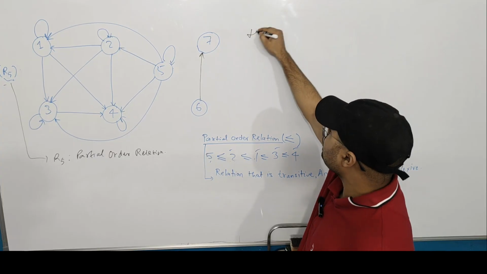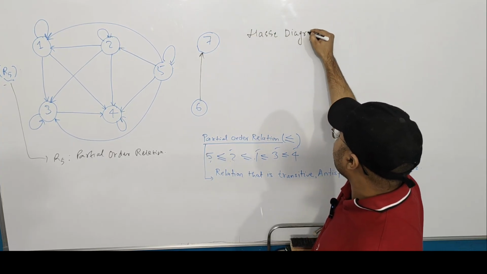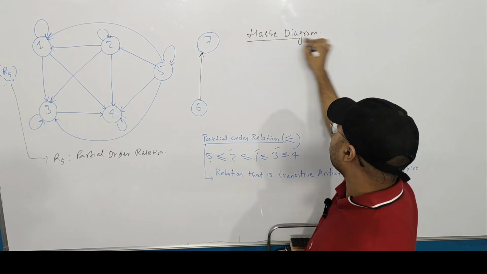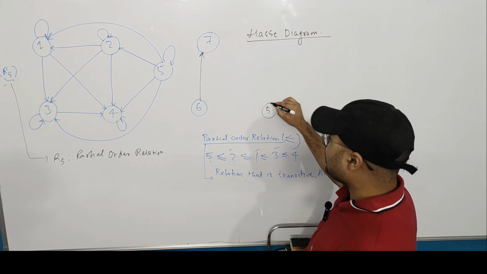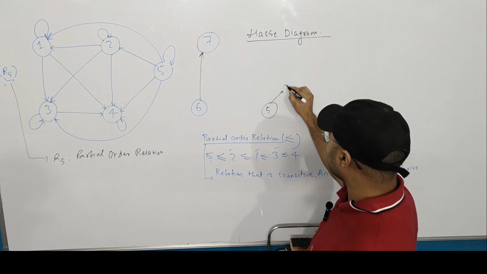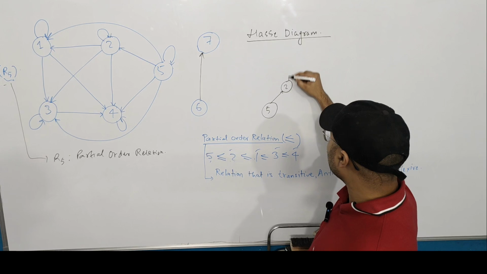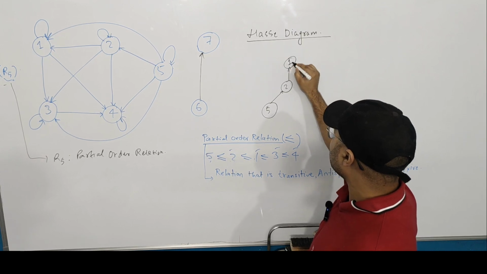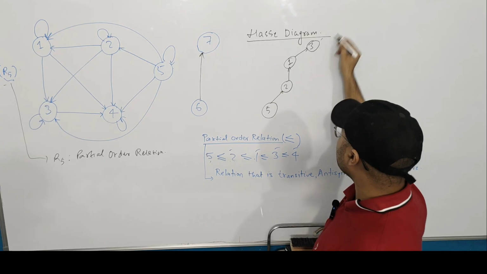So the Hasse diagram is: you have 5. 5 is related to 2. Okay. And then 2 is related to 1. 1 is related to 3, and 3 is related to 4.